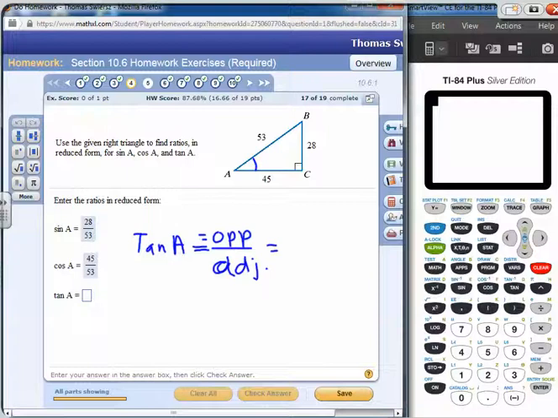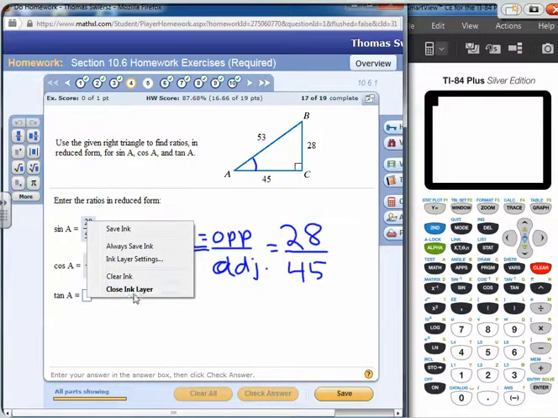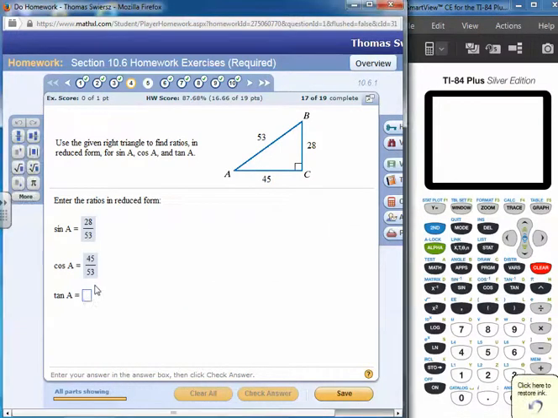So with respect to angle A, the side opposite is 28, and the side adjacent next to it, that forms the right angle, is 45. Okay, and again, nothing reduces. 28 over 45 doesn't reduce, so we would just put it in as that fraction.